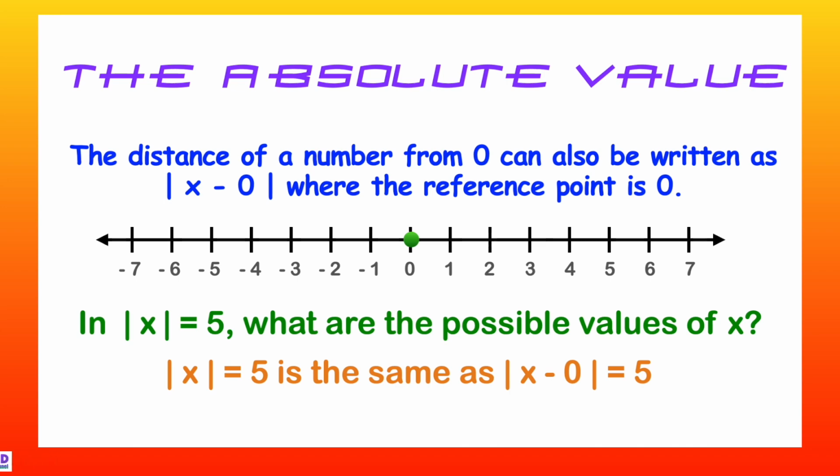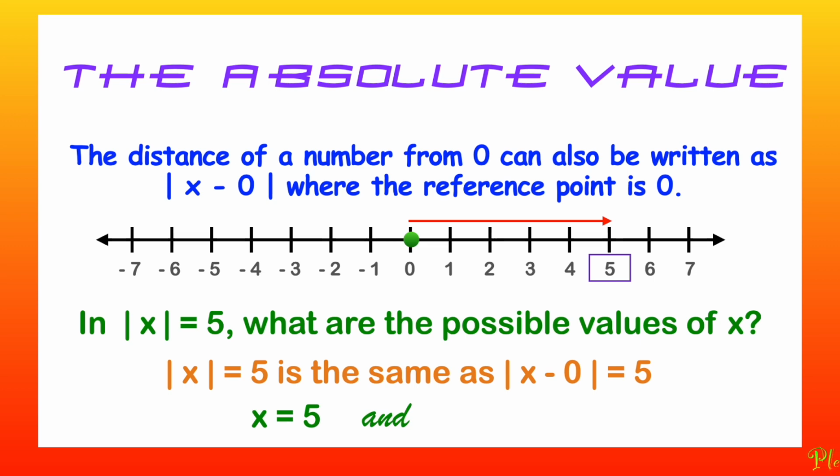You will move 5 units going to the left and going to the right from 0. Going to the right, 1, 2, 3, 4, 5. It stopped on 5. So one of the values of x is positive 5, or simply 5.